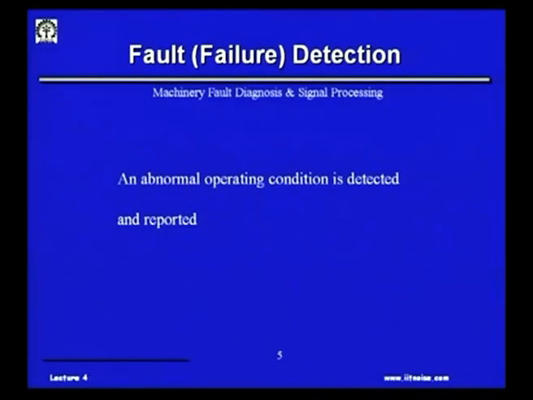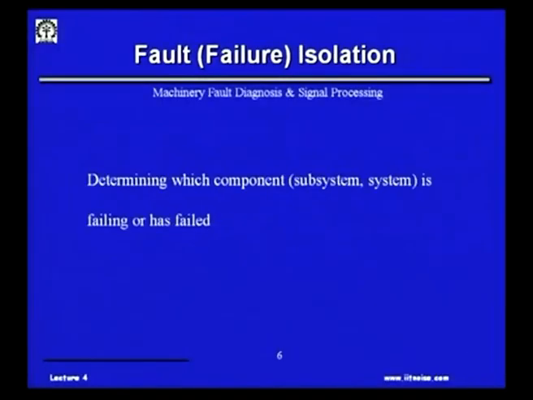To define fault detection, it is an abnormal operating condition which is detected and reported. We will see the mathematical techniques for how such faults can be detected, isolated, identified and so on in the subsequent sections.